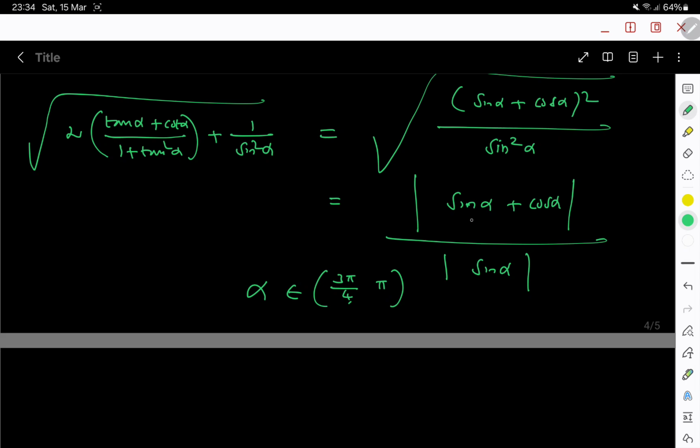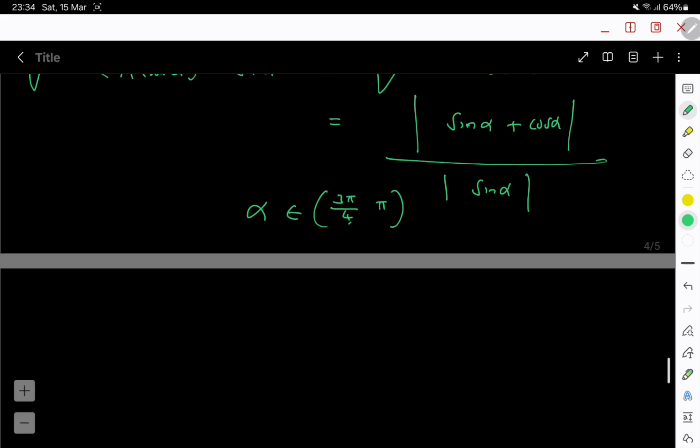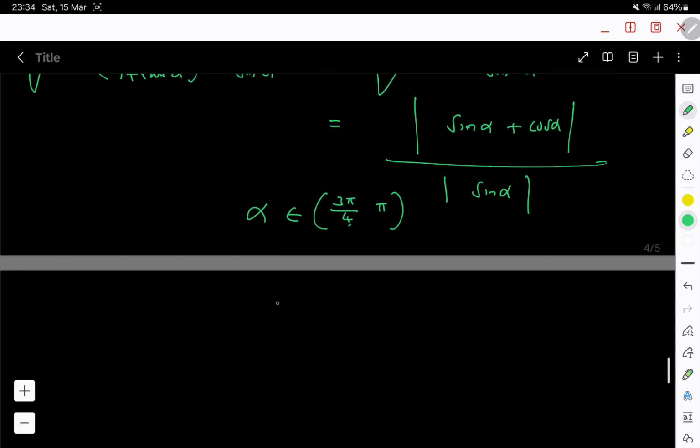In the second quadrant, sin alpha is positive and cos alpha is negative. In 3 pi by 4 to pi, cos alpha is greater than sin alpha in magnitude. So definitely sin alpha plus cos alpha is less than 0 and sin alpha is greater than 0.